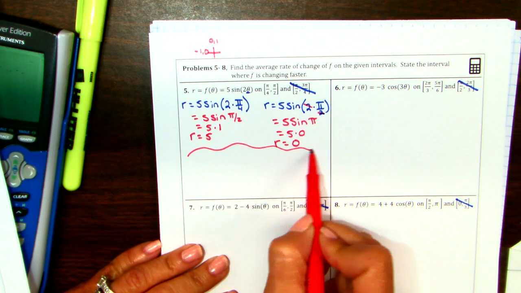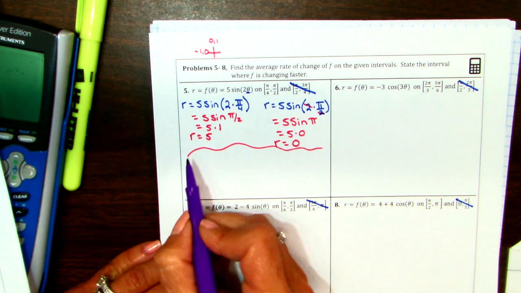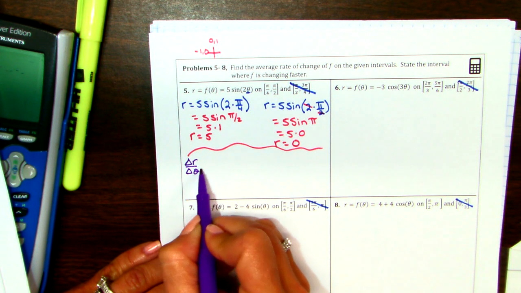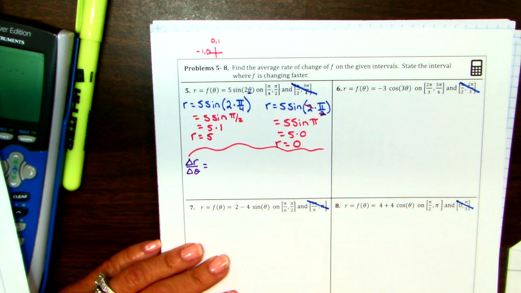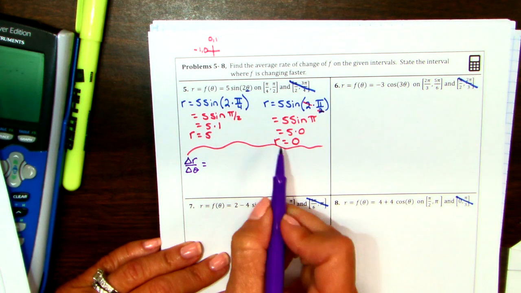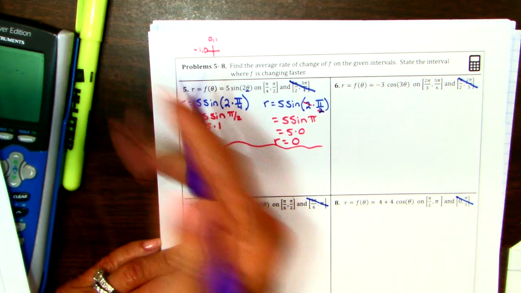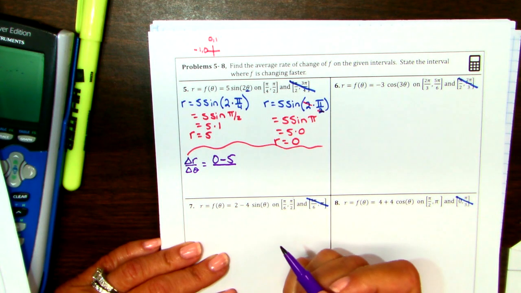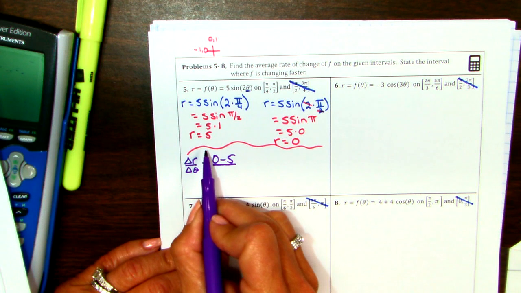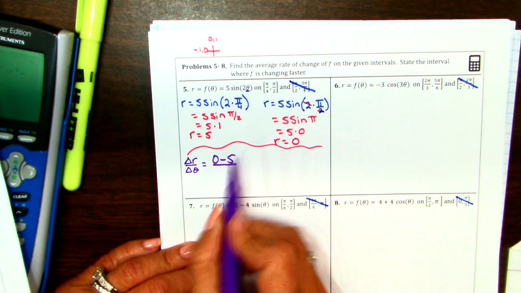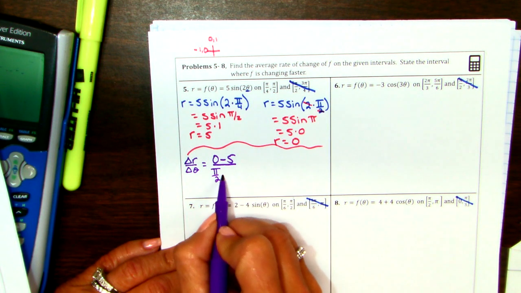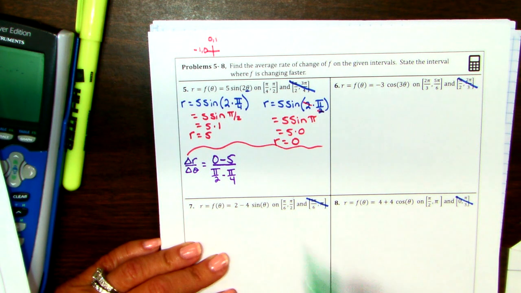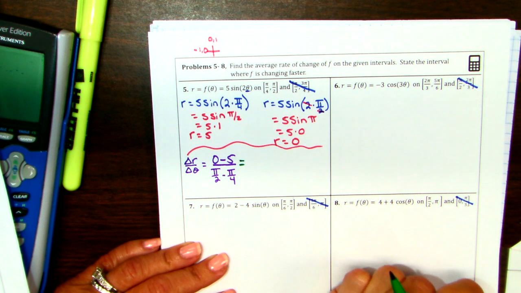Now I have everything I need to plug into my formula, which is the change in r's over the change in thetas. It doesn't matter which one you do first. I'm just going to keep it as second minus the first. So 0 minus 5 for the r's, and then pi over 2 minus pi over 4 for the thetas.